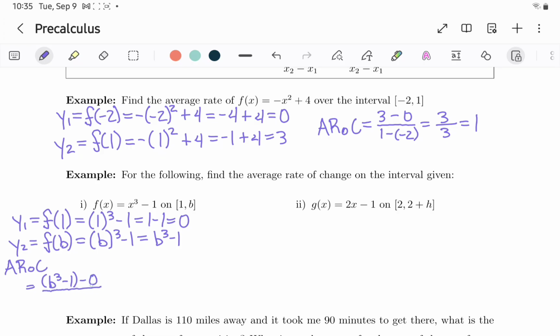And in the denominator, we just have b minus 1. And so we can rewrite this as just b cubed minus 1 over b minus 1.